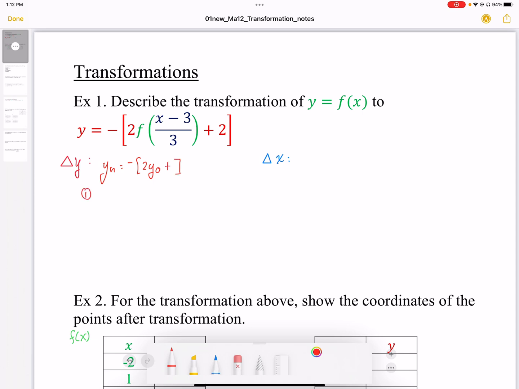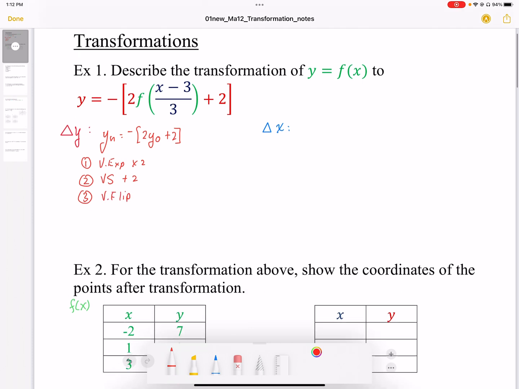So the first step is I'm going to vertically expand by 2. I'm going to vertically shift up 2. And then lastly, I'm going to vertically flip it. So I make negatives positive and positives negative.